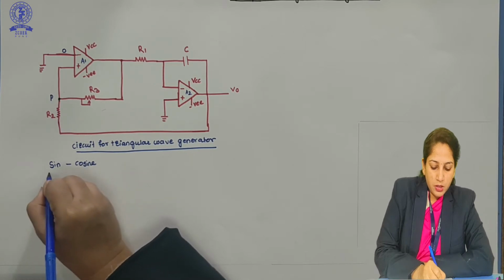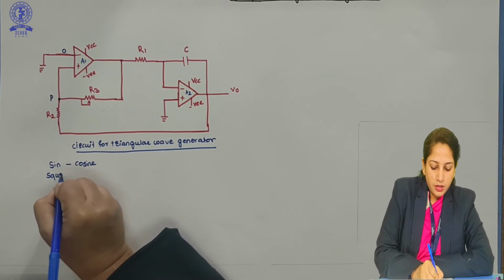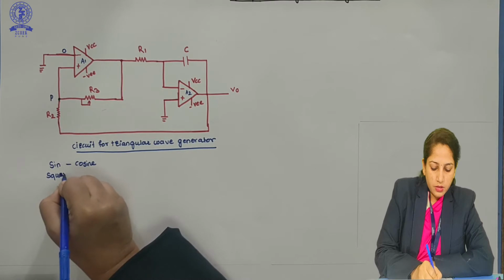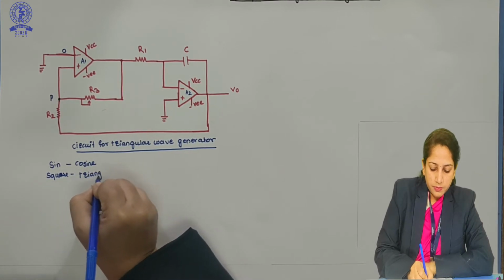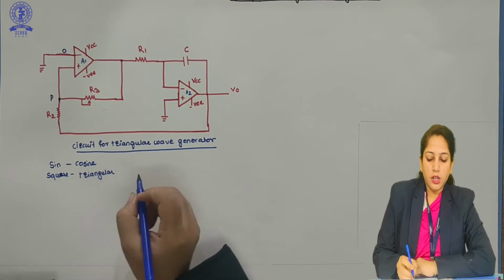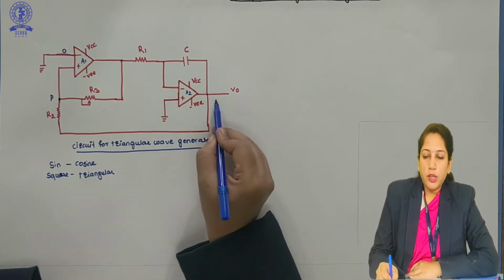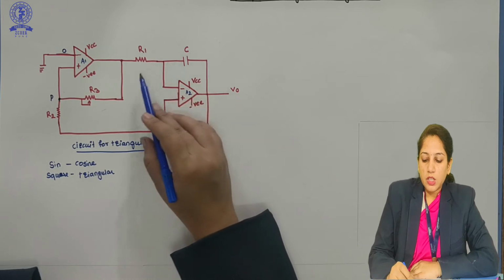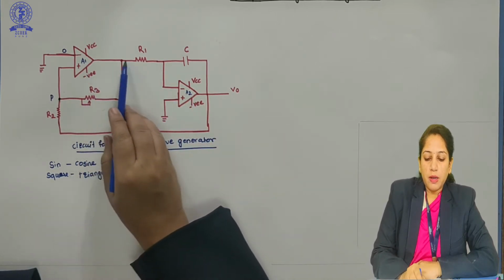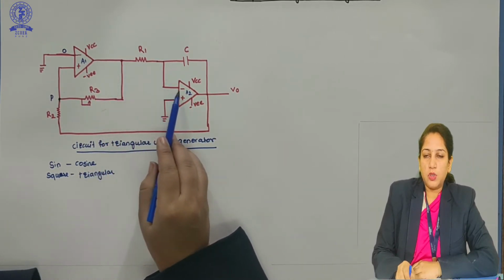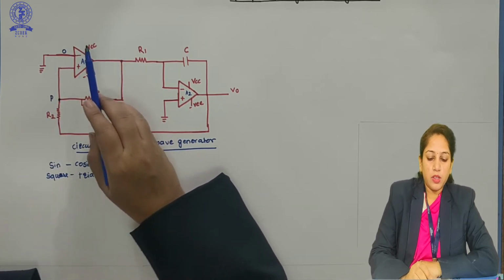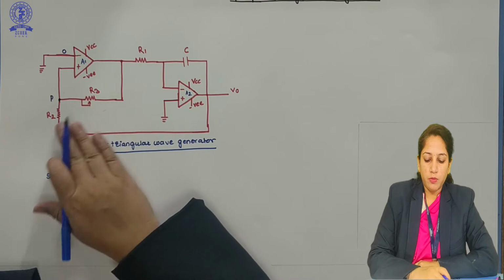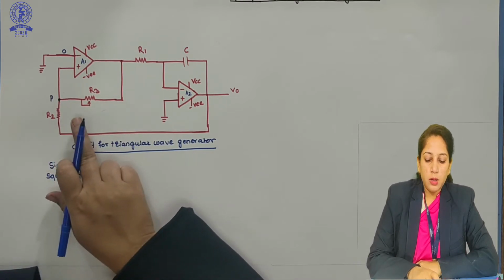If I apply a square wave, then we will get a triangular wave. So in order to get a triangular wave from this integrator circuit, I should apply a square wave through this channel. This circuit will be producing a square wave. As we know, the comparator output is also a square wave.